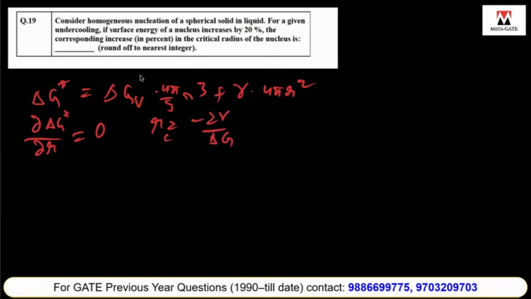Here it is given that the surface energy increases by 20%. As critical radius is directly proportional to surface energy, R final by R initial is equal to gamma final by gamma initial.